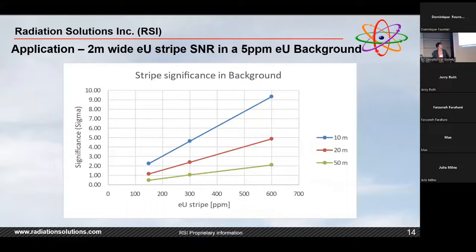If you're trying to look for those kinds of veins, you're going to fly mostly over background, and then all of a sudden you'll see a spot that is slightly different, maybe 2 standard deviations above what you found before, and that's going to be equivalent to a 150 ppm stripe. If you have 300 ppm and you're flying at 20 meters, it's going to be just above 2.4 times the standard deviation of the background, and so on. So you're looking at very fine features in the ground, in the survey. You have to keep that in mind and manage your expectations related to the height and speed of what you're flying over.